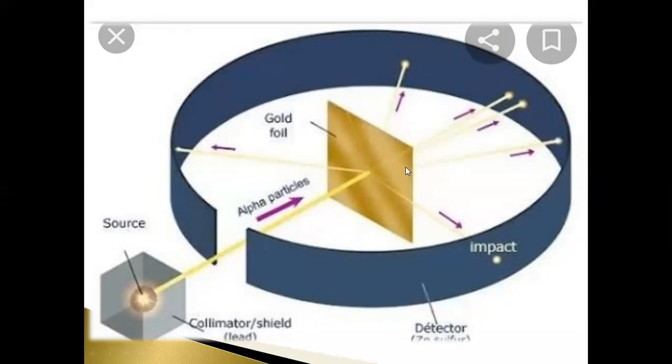Most of the particles deflect at a shorter angle, but 1 out of a million particles, you can see, is reflected at an angle greater than 90 degrees. So this greater than 90-degree angle, you can see, is only one particle.